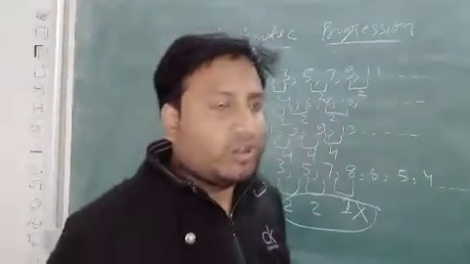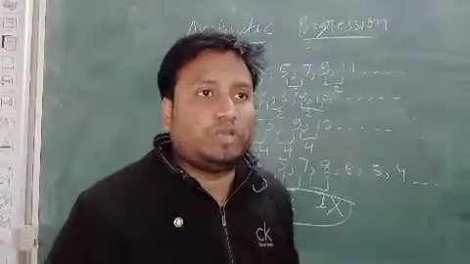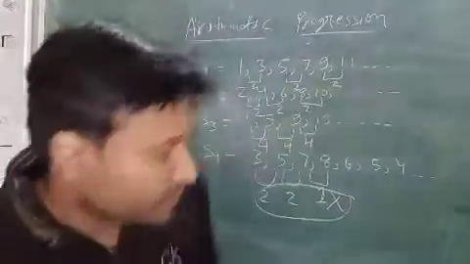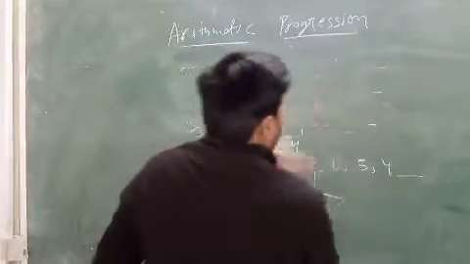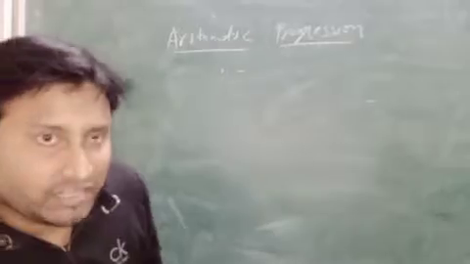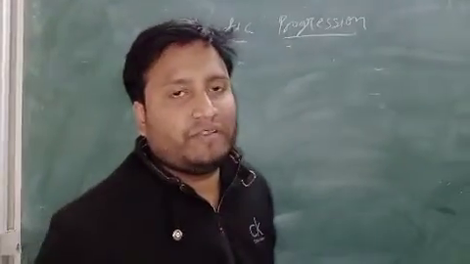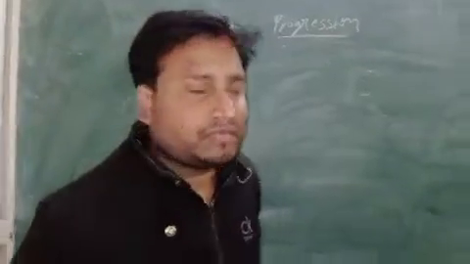Now we are going to find the nth term in arithmetic progression. Let the first term of the arithmetic progression be a and the common difference between two consecutive numbers be d.